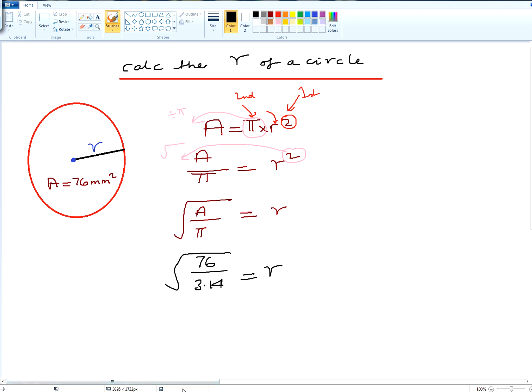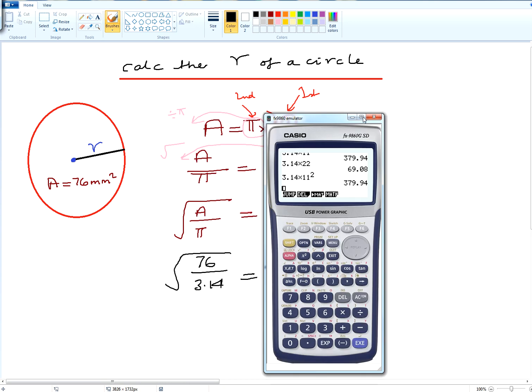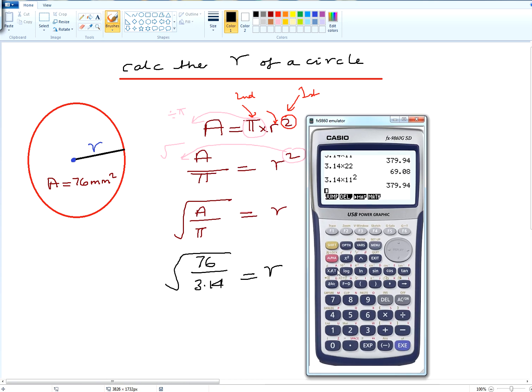Now we need to use a calculator. So first of all, we press the square root button. Shift. No, not that one. Okay, let's try that again. Shift. There it is. Then use the fraction button. 76. Can you please do the same on your calculator? Can we please do this on the calculators?